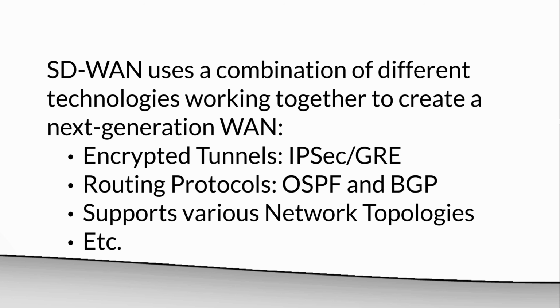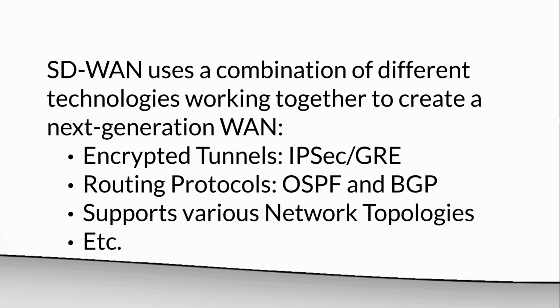What SD-WAN also gives us is a combination of different technologies that have existed for a very long time, but now we have the ability to bring them together in a very clever way to create this next generation wide area network. So things like encrypted tunnels, IPsec and GRE, they've been around a long time, nothing earth-shattering there, right? They have existed for almost 2 decades.